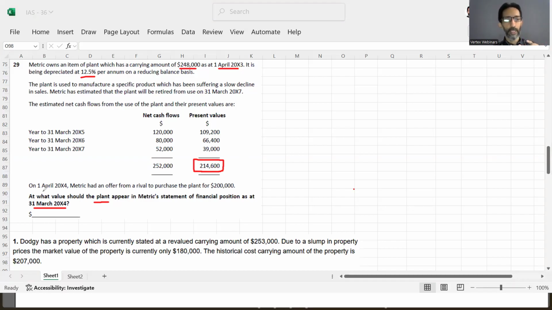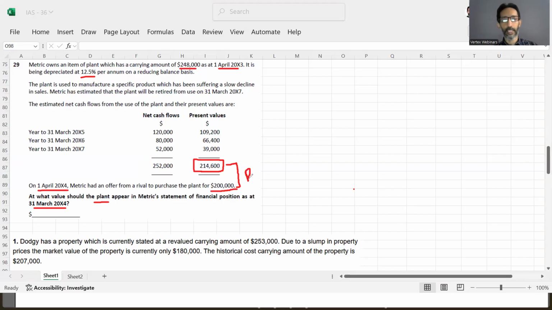The other one is that on 1st of April 20x4, which is the next day after 31st of March, Metric had an offer from a rival to purchase the plant for 200,000. So this is the fair value less cost to sell.